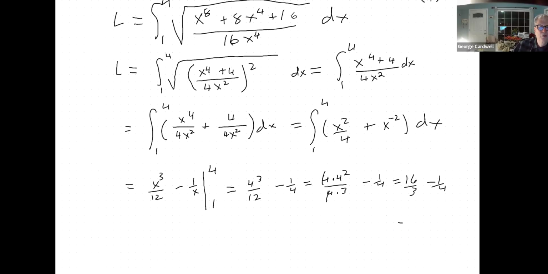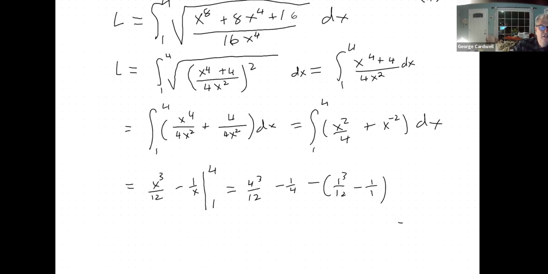So here I plugged in 4. I'll go ahead and take this off too. But I neglected to then go minus, parenthesis, now plug in 1. 1 cubed over 12 minus 1 over 1.